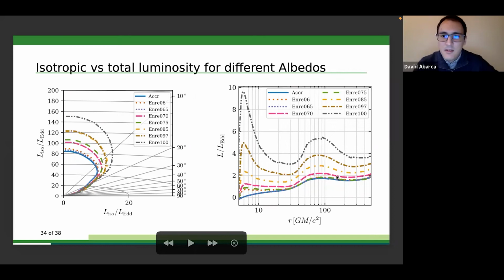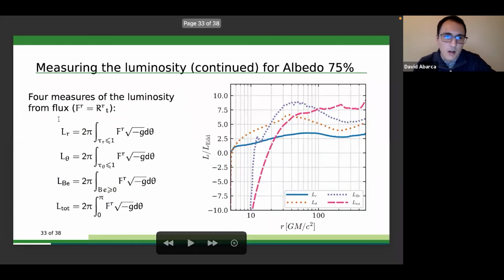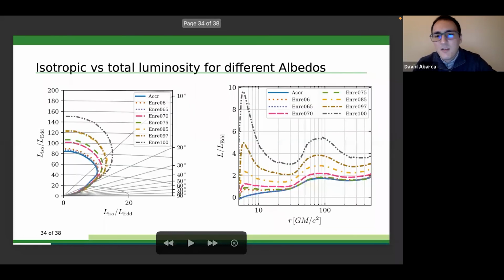And these are the corresponding LRs, this LR I showed you earlier. And it's kind of wild because as you increase the albedo, there's more outflows, so there's more interactions with the outflows, and these two simulations haven't completely converged yet, so I'm not sure what the final results will be. It might be flatter and probably a little bit larger luminosities.